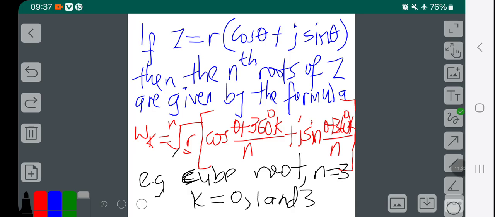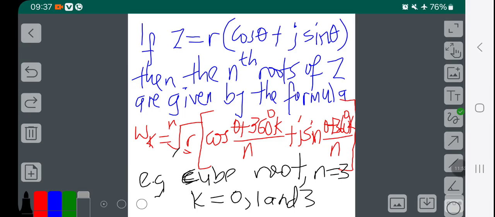So we need to find where k is equal to 0, then where k is equal to 1, then lastly where k is equal to 2. That is the thing when you are dealing with the cube root. I hope it's making sense. This is how you apply this formula.